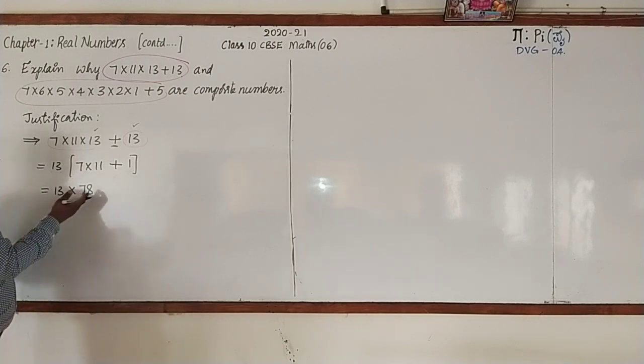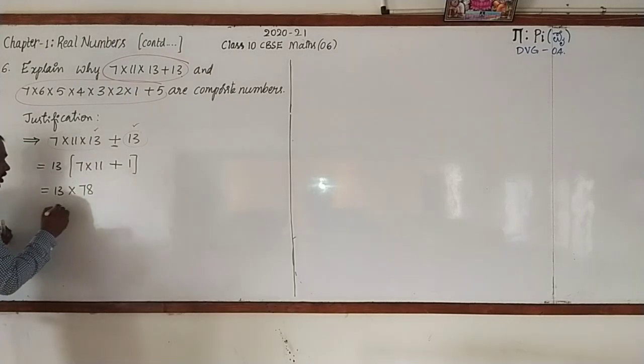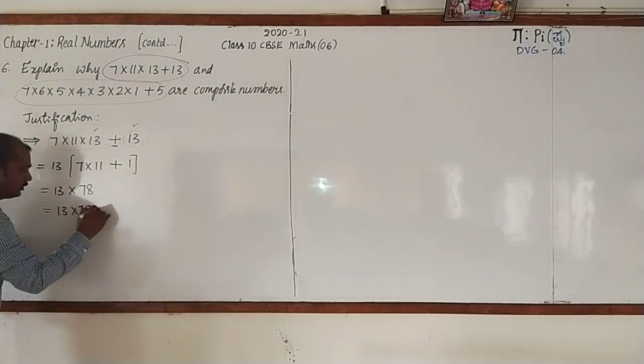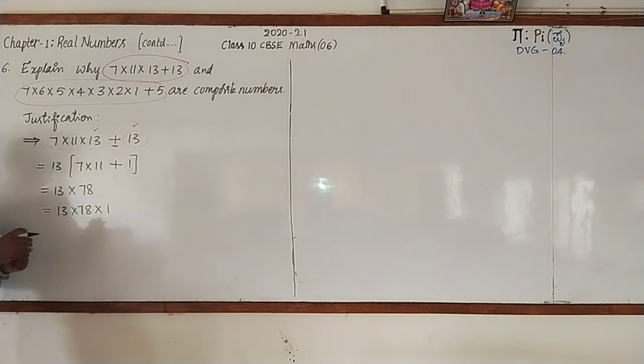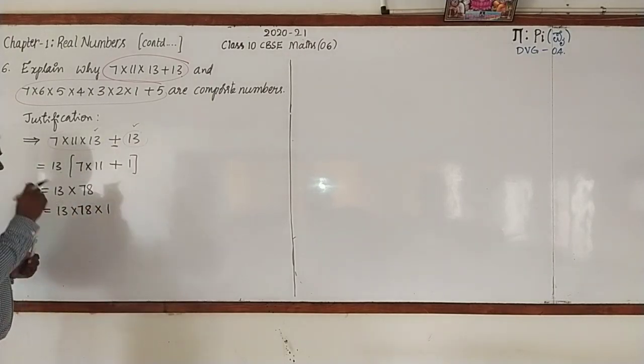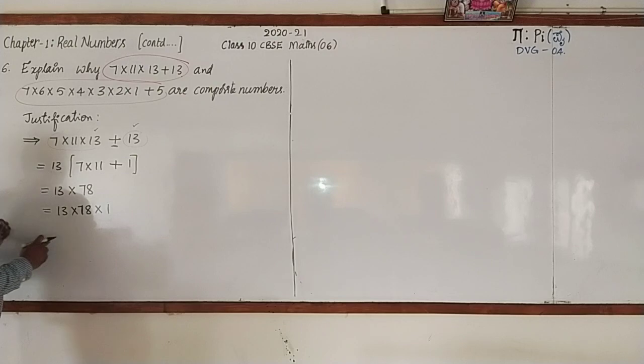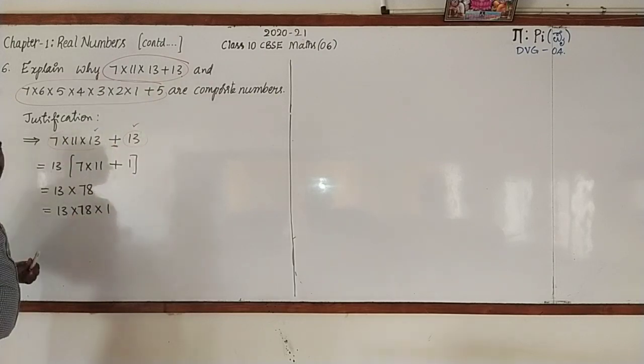No, more than. See, 78 is even. 78 can be split up as 2 into 39, like that. Or else 13 into 78 into 1. Can we write so? Because 1 is a factor of all numbers. How many factors are there now? More than 2 factors. Therefore, this number is composite.